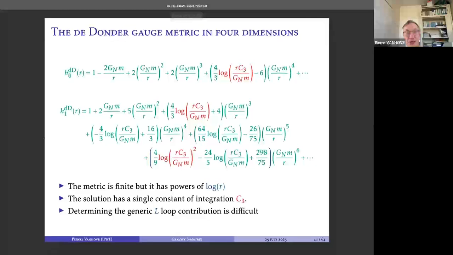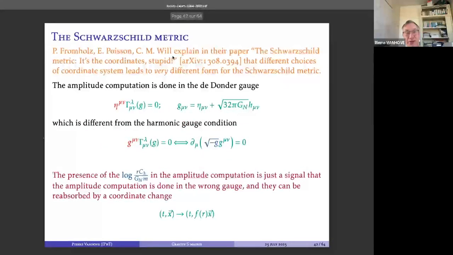So when you compare your amplitude result that is done by having expanded near flat space, you realize that you haven't fixed all the freedom in writing your metric.